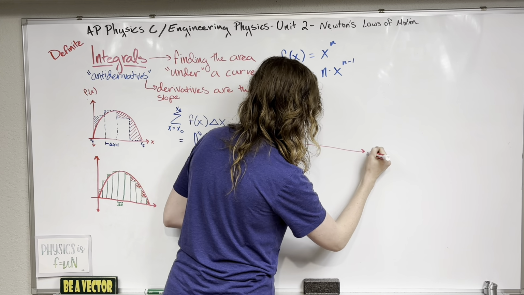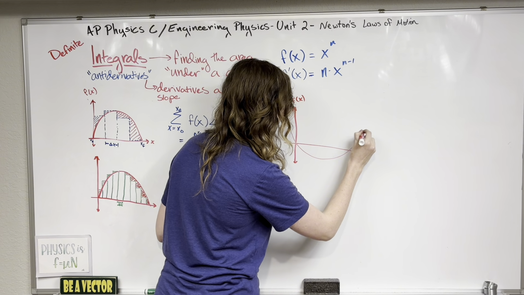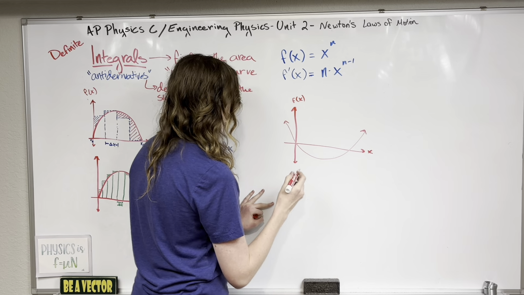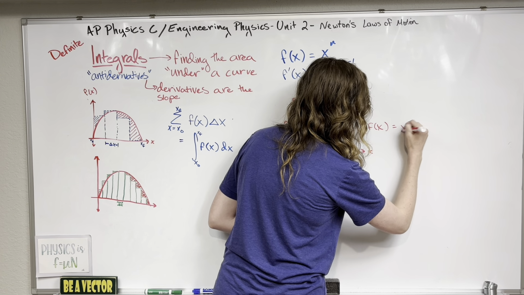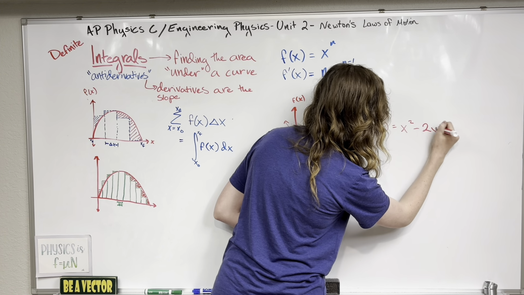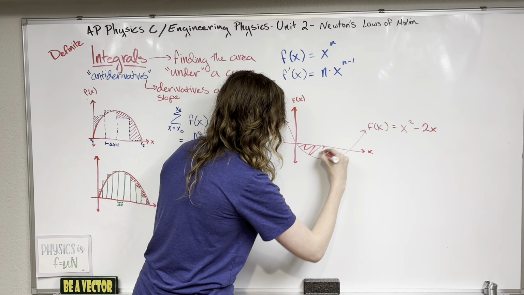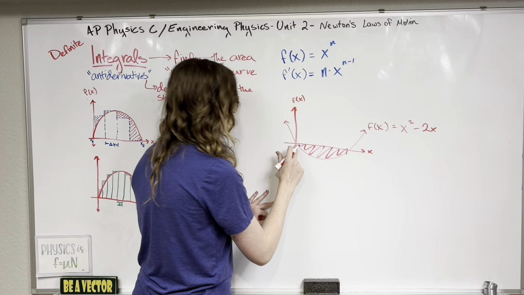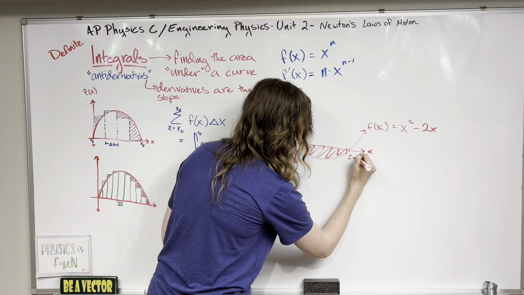Here's my x-axis. And say my function looked a little something like this. And so this is f of x is equal to x squared minus 2x. And I wanted to find the area of this function and this space here, starting at x equals 0 and going to x equals 2 meters.